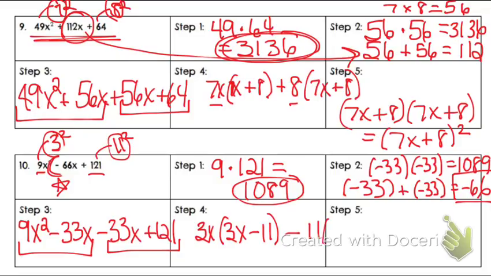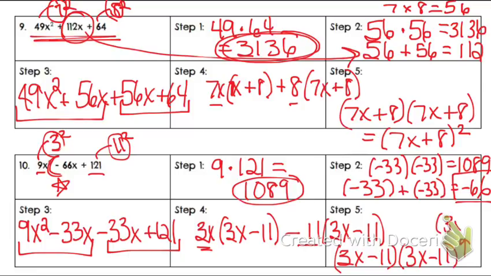They're both divisible by 11, and that's going to give me a 3x. Negative 11 times 3 is negative 33, minus 11. Negative 11 times negative 11 is positive 121. So, again, I do have another perfect square trinomial that I'm working with here. Minus 11. Let me do my little arrow here. 3x minus 11 squared.